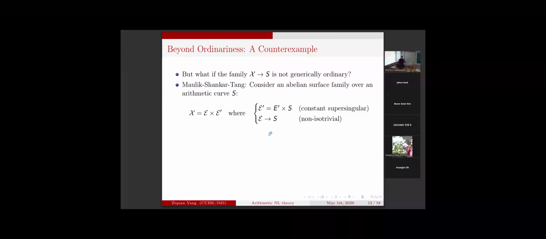Again, let's consider a product abelian surface given by taking the product of 2 elliptic curves, except that for one of them, let's take a constant supersingular curve, and for the other, let's take a non-isotrivial family of elliptic curves. Here the product should be taken over the base, not an absolute product.